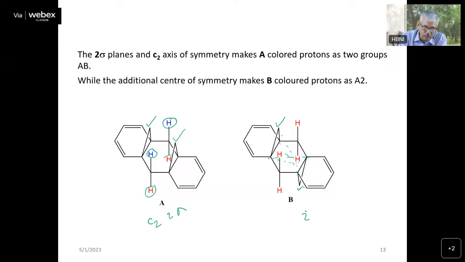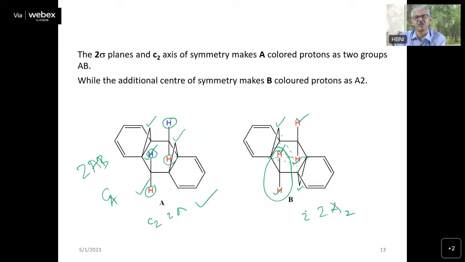These two hydrogens are equivalent, but this hydrogen and these hydrogens are not equivalent. So you will see an AB system here, whereas in the other all these hydrogens become equivalent. So you can consider that this CH2 will come as an A2 system, whereas this CH2 will come as well. So there are 2 AB systems here, and there are 2 A2 systems here.